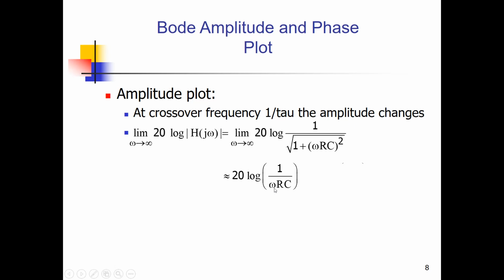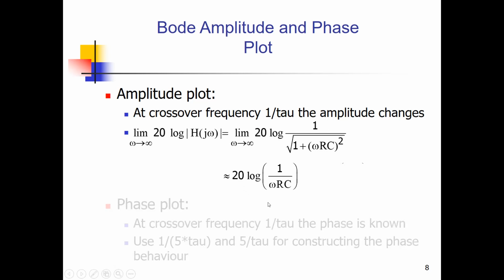At every increase by a factor of 10 of omega, my amplitude in dB will decrease by 20 dB. So every time the frequency is increased by a factor of 10 above the crossover frequency, the amplitude will be 20 dB lower. We call that a decrease of minus 20 dB per decade.